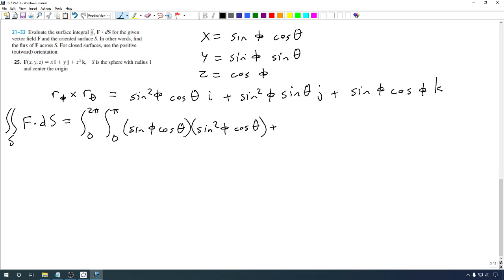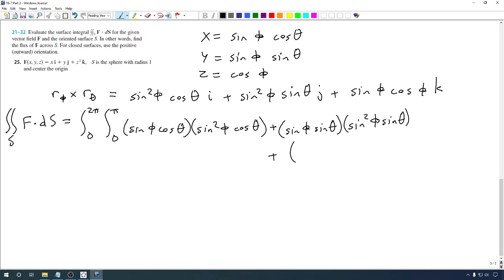Then we have y. Y is sine phi sine theta, being multiplied by our y component of our cross product. So we end up with a sine squared phi sine theta. I'm not going to fit the next one on this line, so let's move down here for the moment.